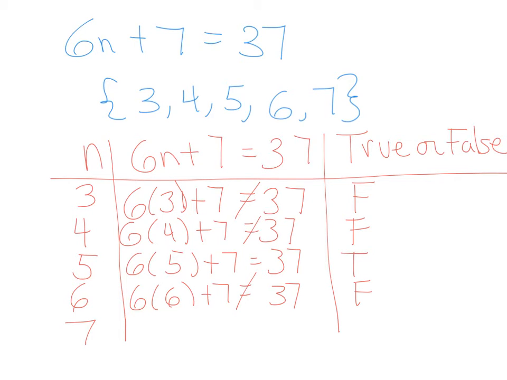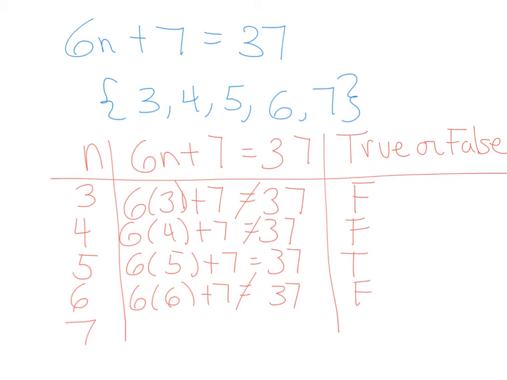So you'll see how you're going to fill out this table. When we are talking about open sentences that have an equal sign in them, we know that there can be only, most of the time, one correct value. So once you find the correct value, like when we found 5 as a correct value that made it true, we could have stopped right there and not gone ahead and done 6 and 7, because we know that's the only value that's going to make it true.